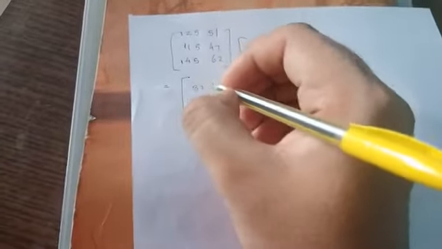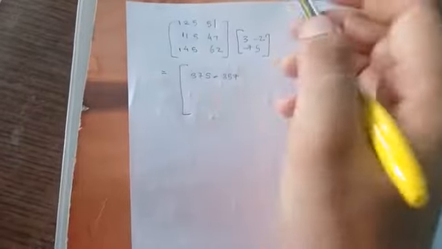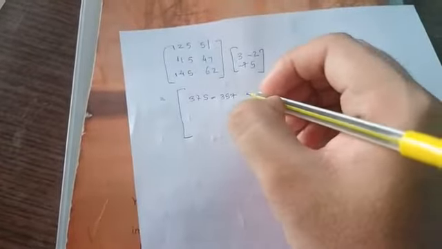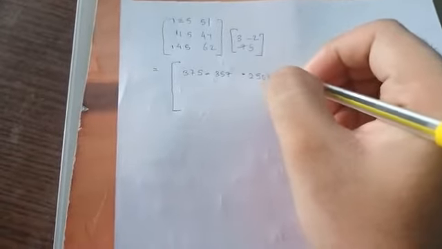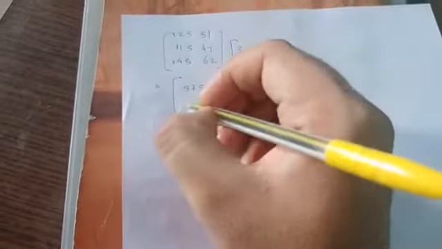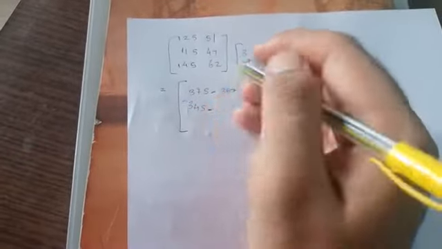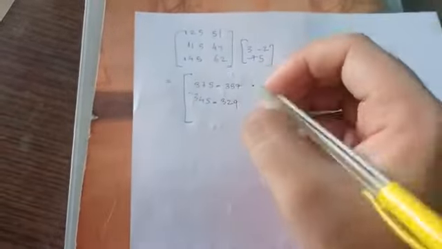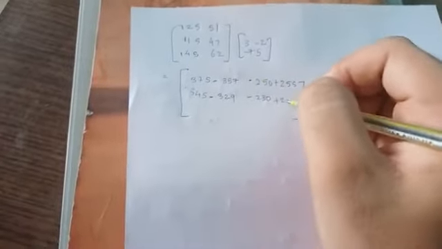So this becomes 375 minus 357. Now solving for subsequent rows and columns, the next entry is minus 250 plus 255. Now the third entry, 115 into 3 is 345, minus 47 into 7 is 329. Then 115 into minus 2 is minus 230, and 47 into 5 is plus 235.